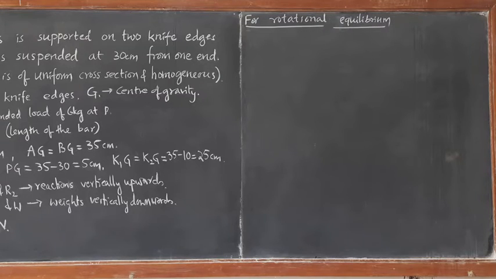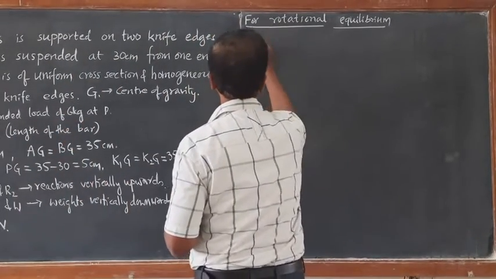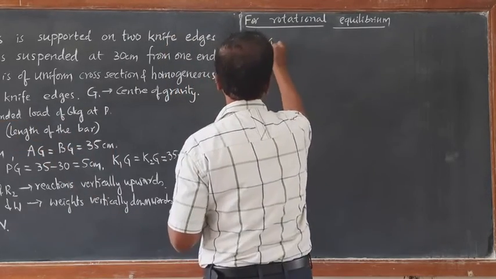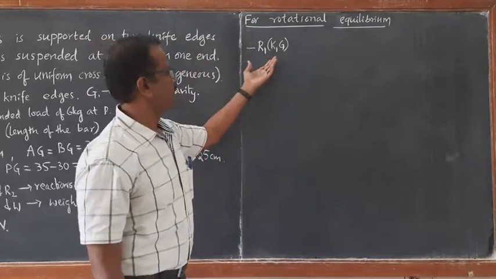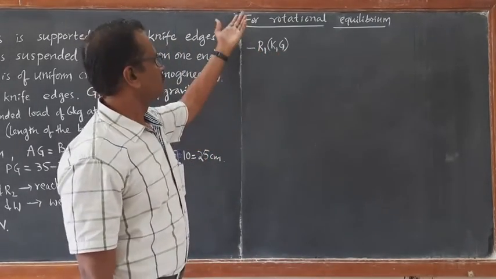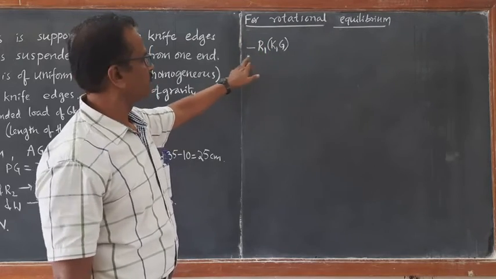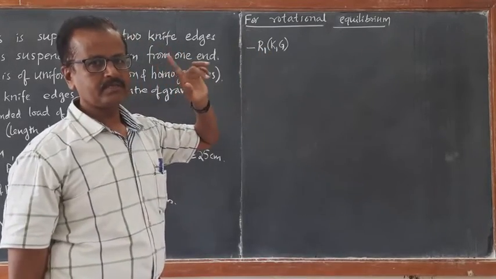So for rotational equilibrium, again refer to the diagram. Minus R1 into K1G. This is the moment due to the reaction R1, which is in the clockwise sense, therefore it is negative: force into perpendicular distance from the center of gravity.